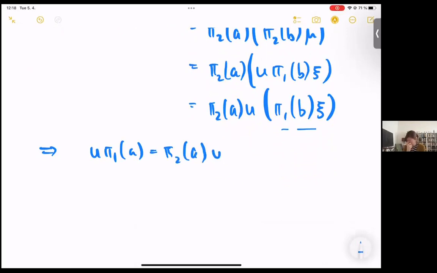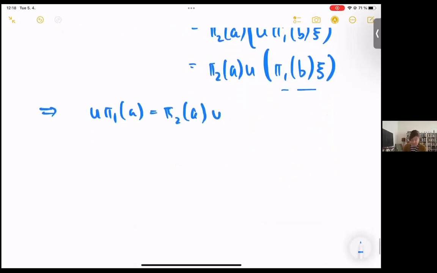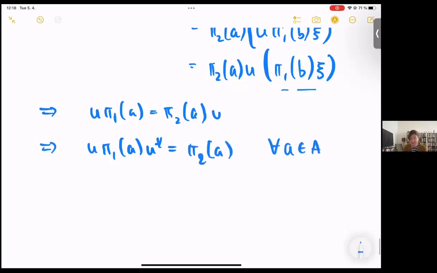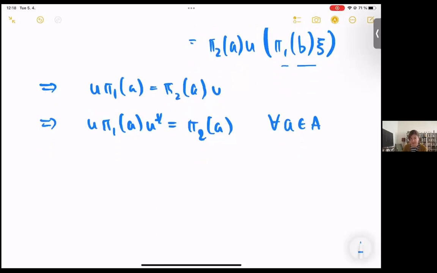Since u is a unitary, this implies that conjugation by this unitary of pi 1 of a is pi 2 of a, and that's for every a in the algebra. So indeed, this is a unitary equivalence.